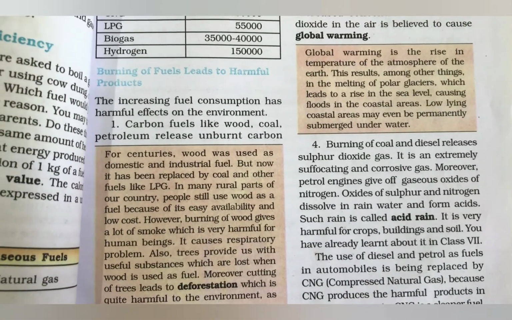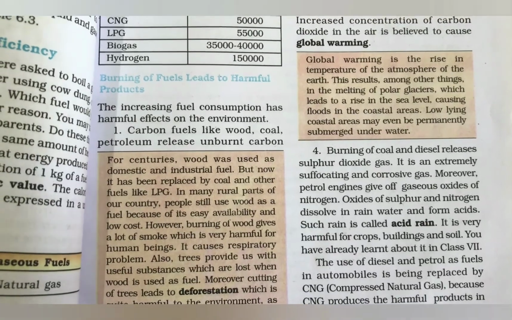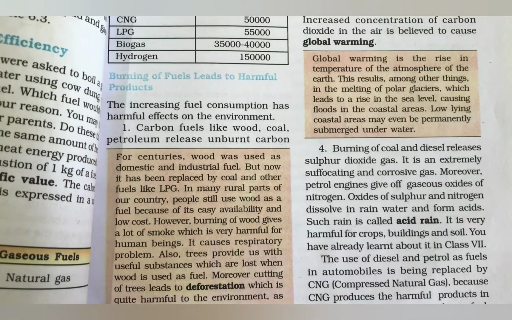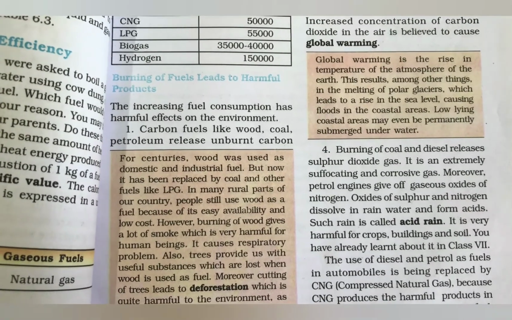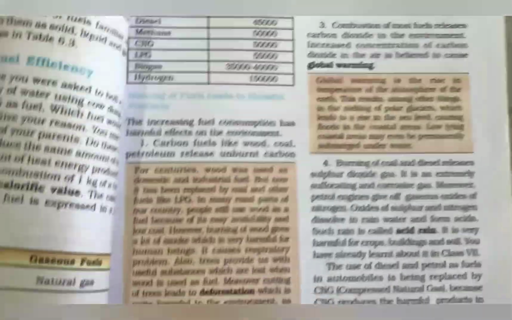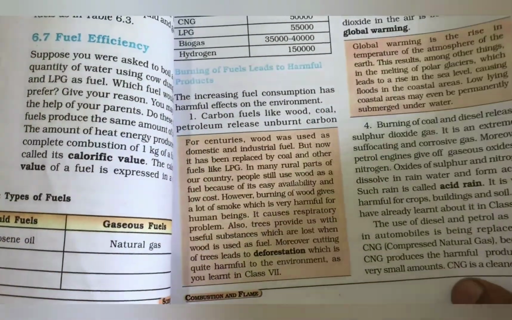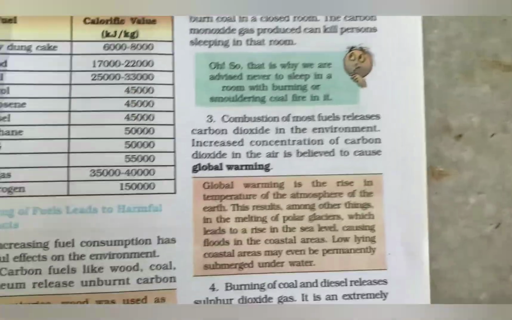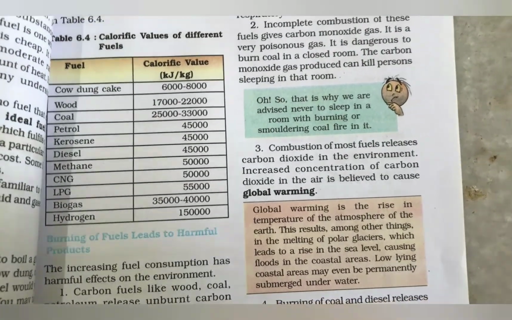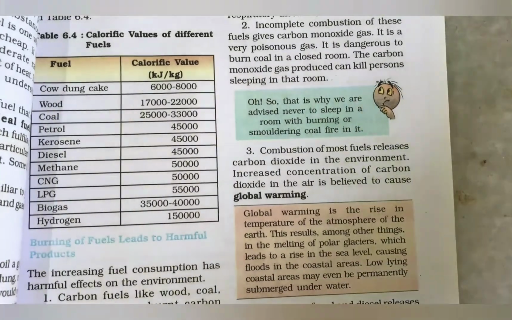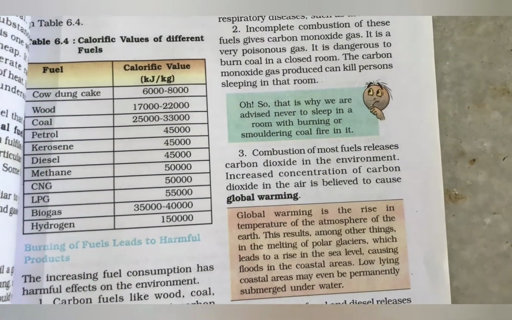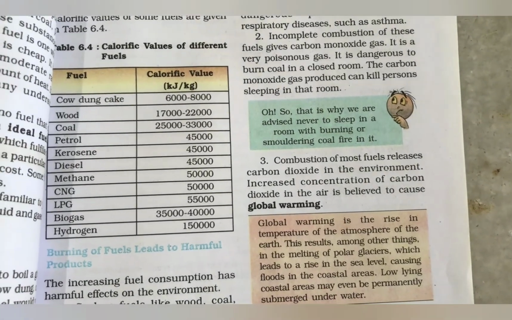When deforestation occurs, its consequences are low rainfall and an increase in the level of carbon dioxide. When the level of carbon dioxide increases, it causes global warming. What is global warming? Carbon dioxide and other gases like methane, sulfur dioxide are very much capable of keeping the temperature.